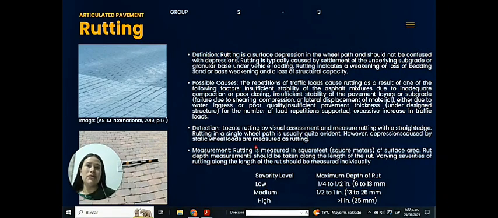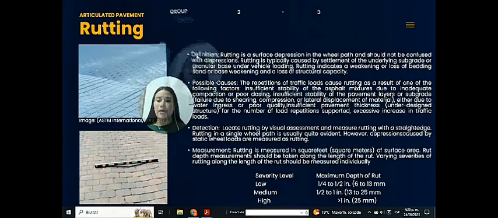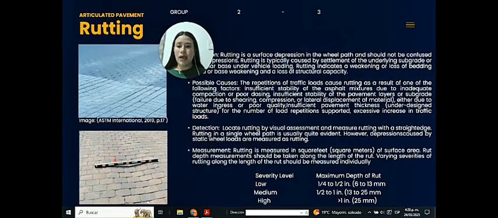The rutting is low, medium, high. Here we have examples of high rutting and low rutting.